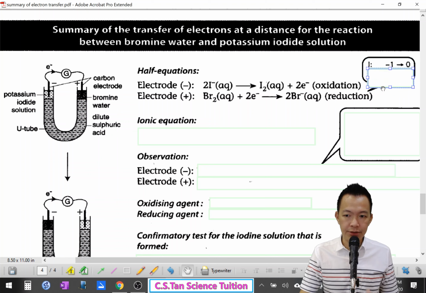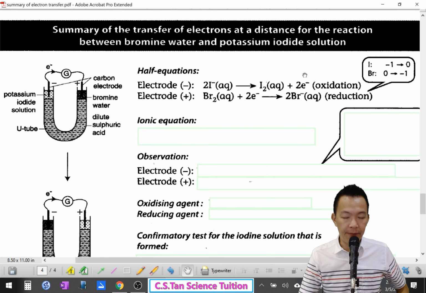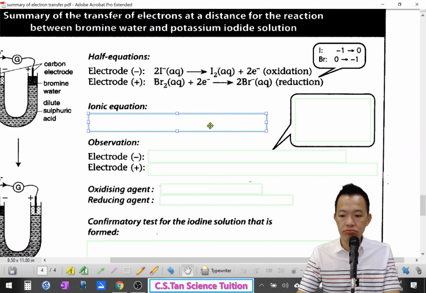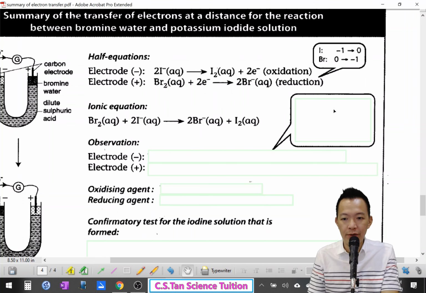Okay, negative 1 becomes 0, oxidation. 0 becomes negative 1, reduction. 6 marks. Ionic equation, you lose 2, I gain 2. Cancel, copy again. Okay, no marks. Nobody wants to ask.